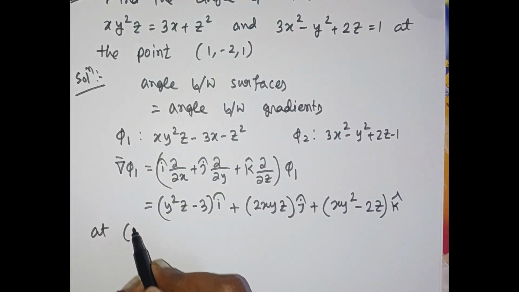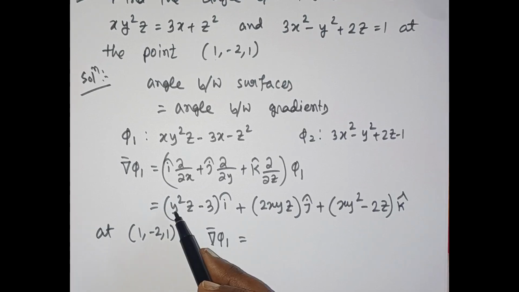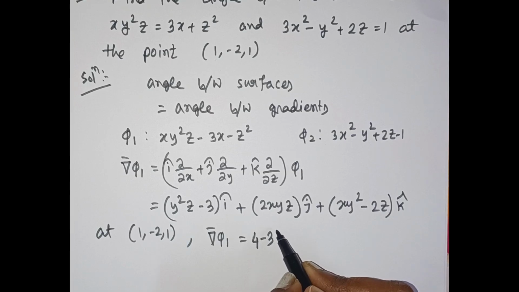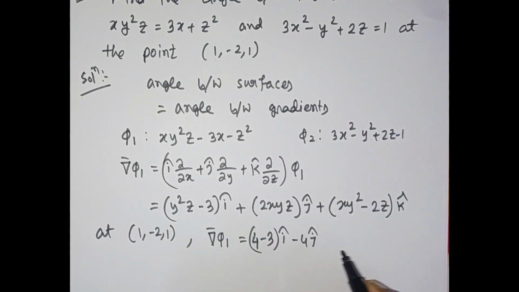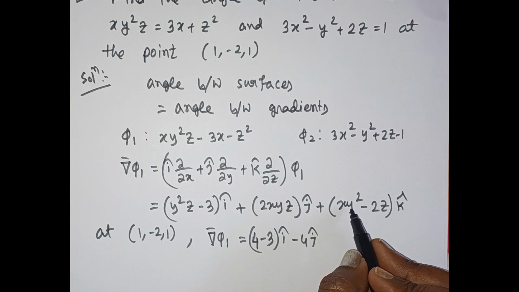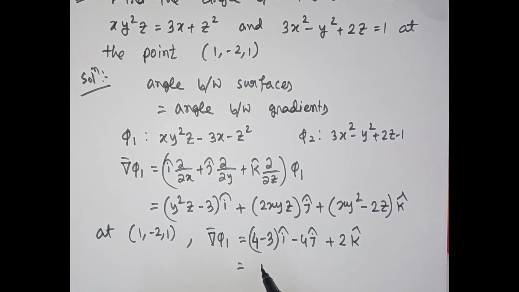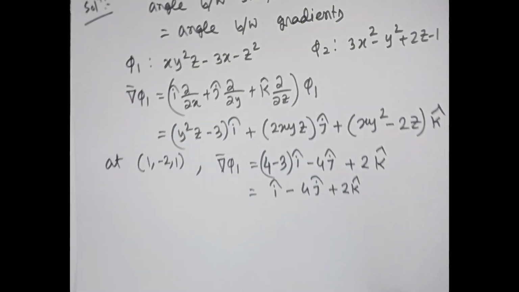At 1, minus 2, 1, grad phi 1 equals, if we put the values, 4 minus 3 i cap, and here minus 4 j cap, then 4 minus 2, so plus 2 k cap, that is i minus 4j plus 2k. This is grad phi 1 at 1, minus 2, 1.